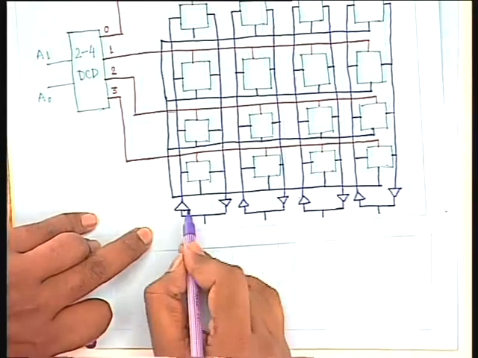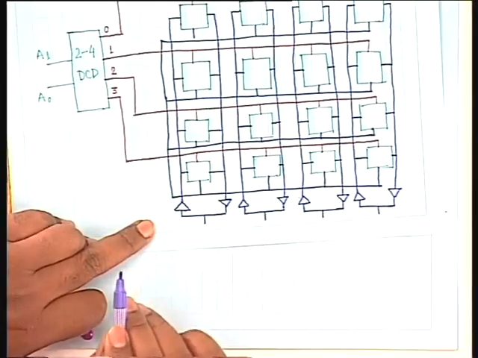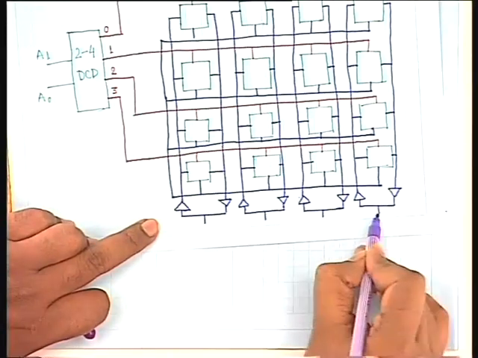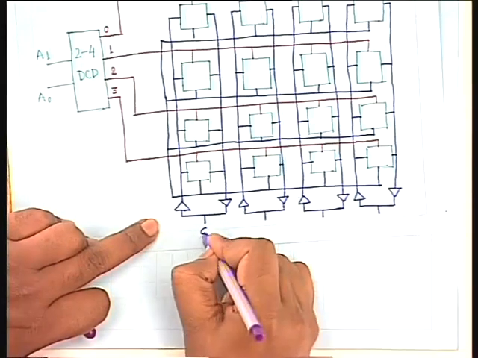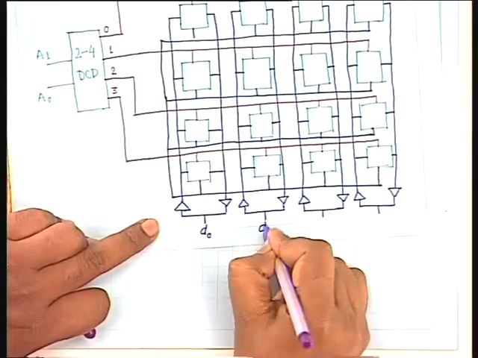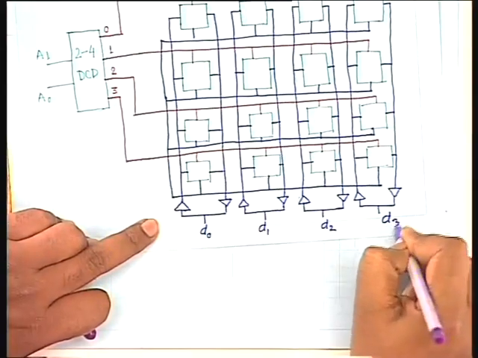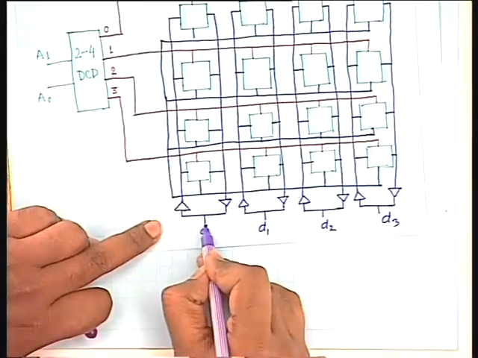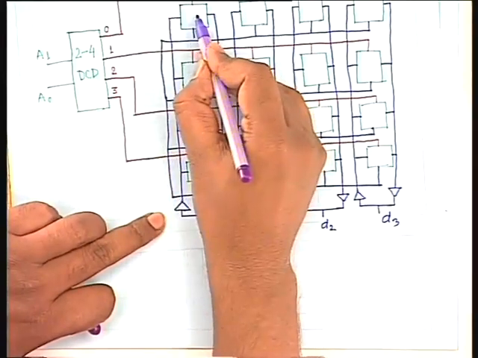Now find that, if the operation to be performed is a write operation, these are the external data lines. Let me name them D0, D1, D2, and D3. If I have to perform a write operation, then D0 has to reach the inputs of all these cells.